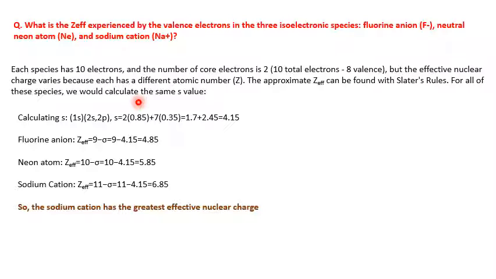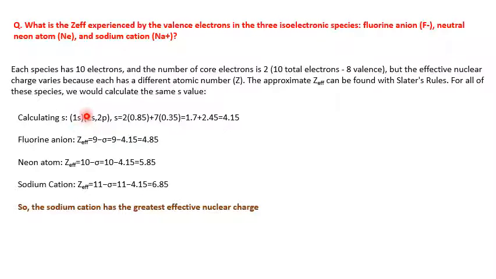They are isoelectronic, so the screening constant or shielding constant will be the same for the three species. However, Z effective will be different because these three species have different atomic numbers. So calculating the S will be similar. In one shot you calculate S for the three species and then subtract it from the atomic charge.